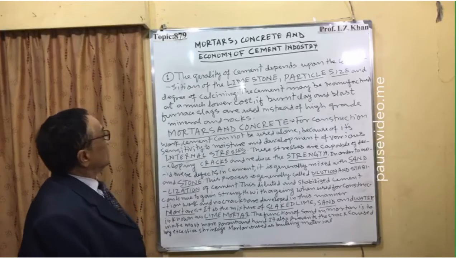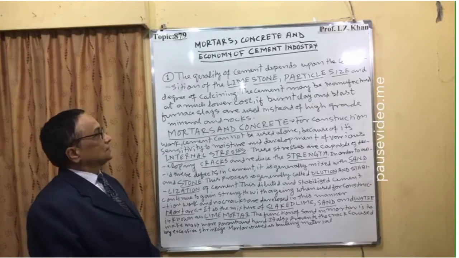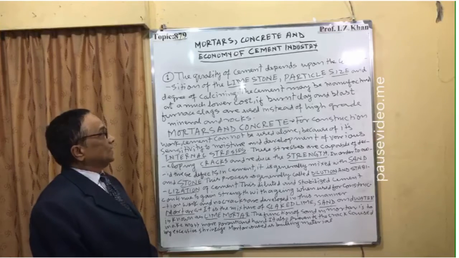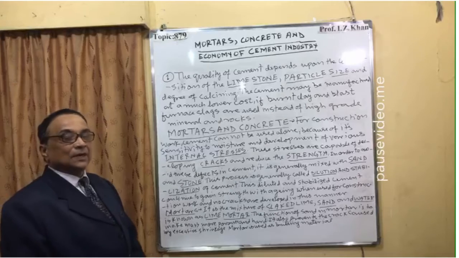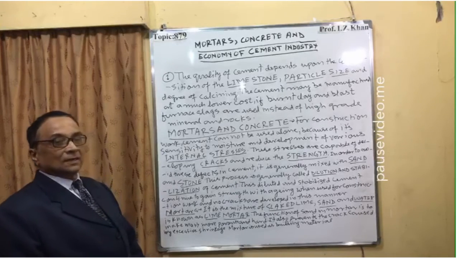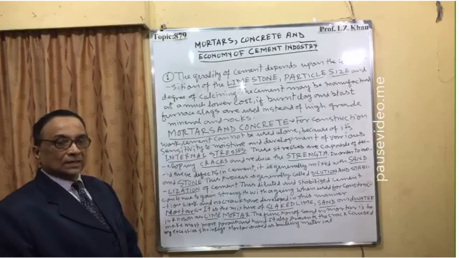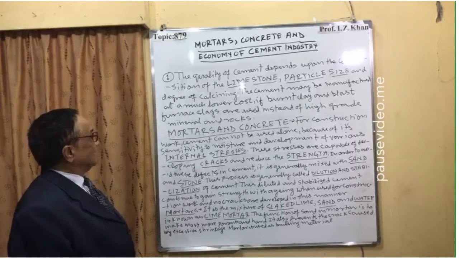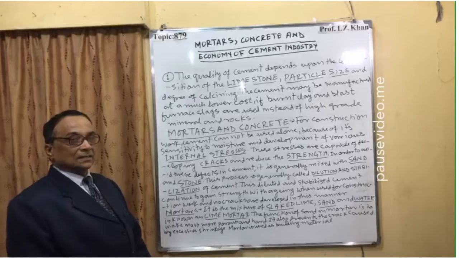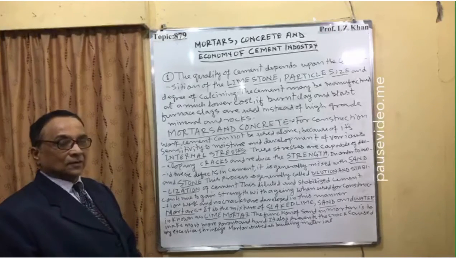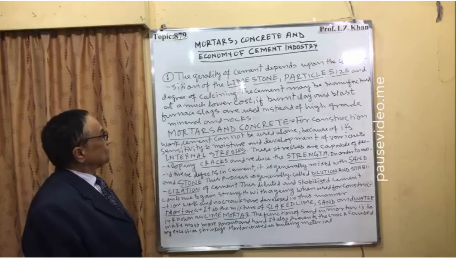Number one, the quality of cement depends upon the composition and particle size of the limestone. Limestone particle size plays a very important role in determining the quality of cement, and the degree of calcining is also a contributing factor.